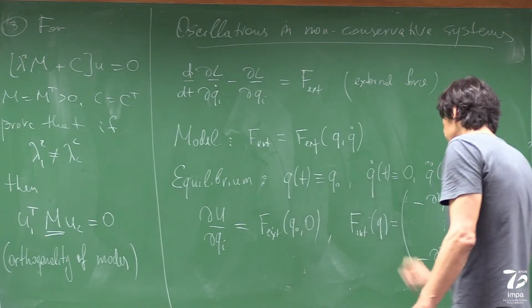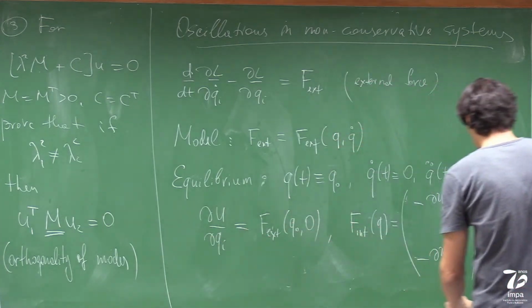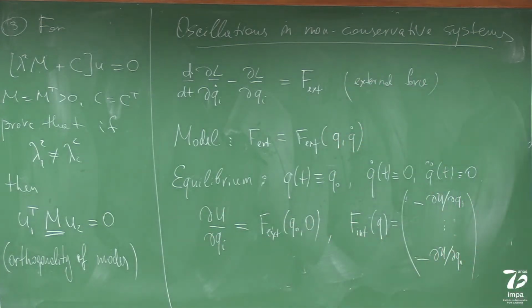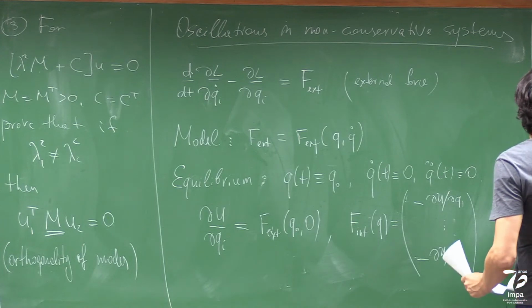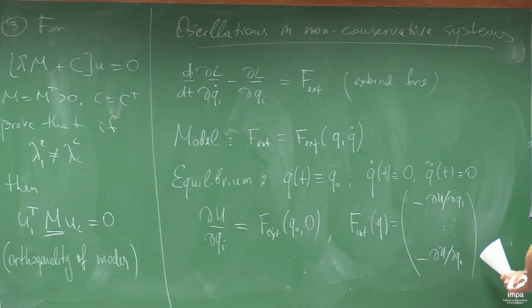So this is minus internal force, this is plus external, and you put them all on the same side. You naturally get the condition that F internal plus F external equals 0.